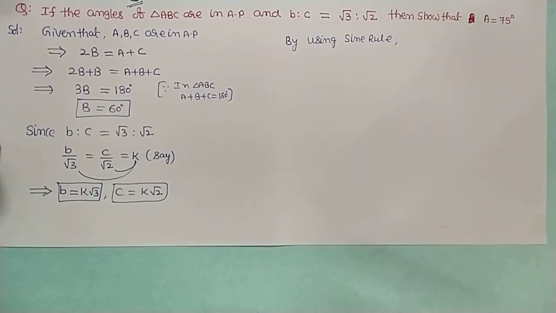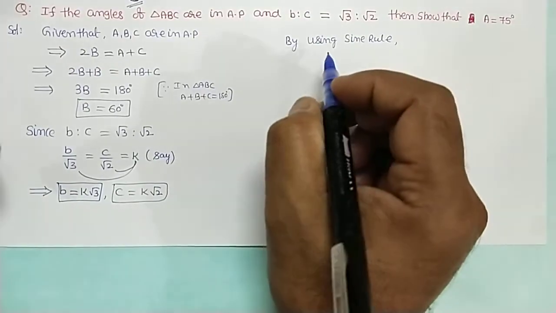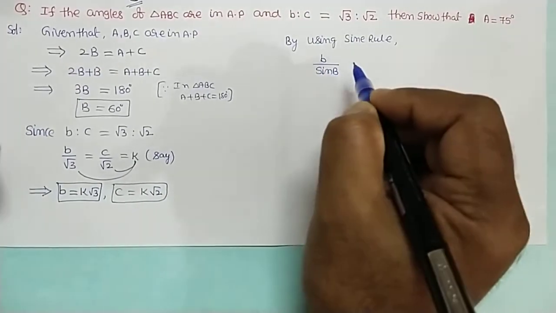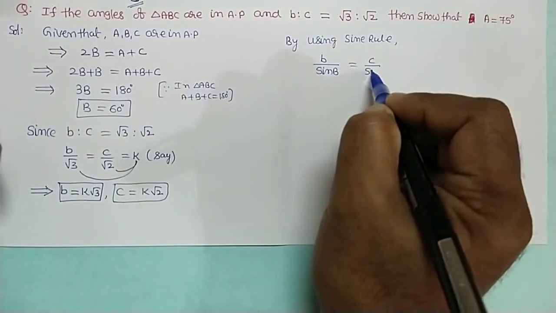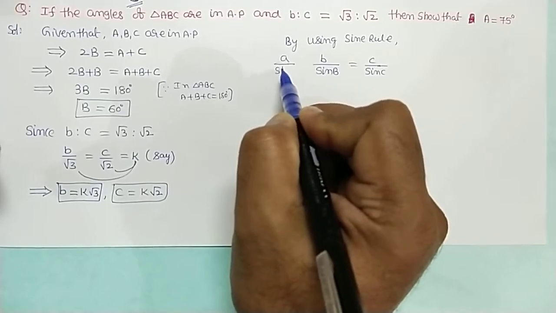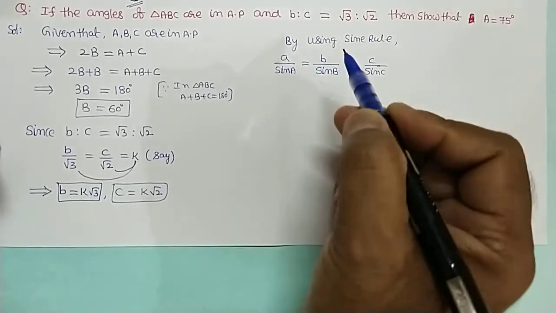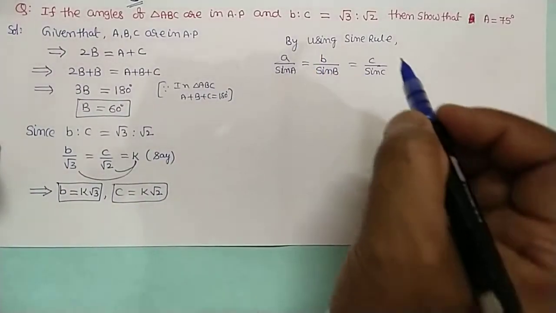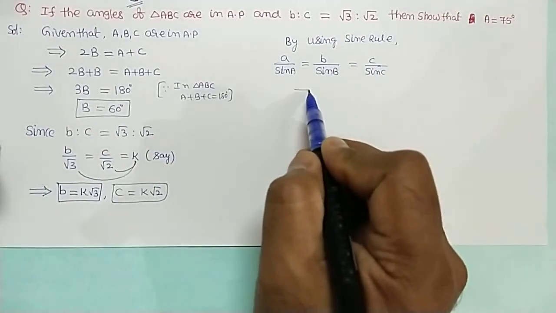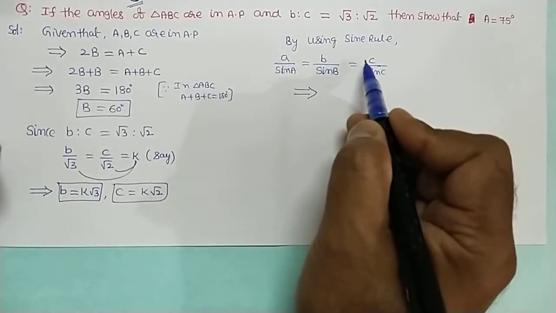So I have to apply only the sine rule related to b and c: b by sine B equal to c by sine C. Even if you want, you can write small a by sine A also, nothing will happen. But here b and c are there, that is the reason you have to consider only these two.